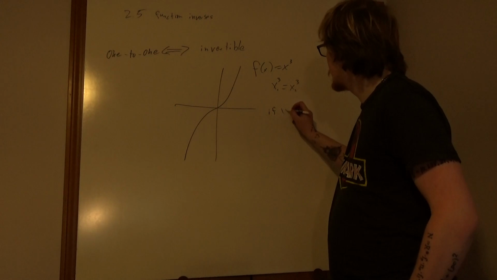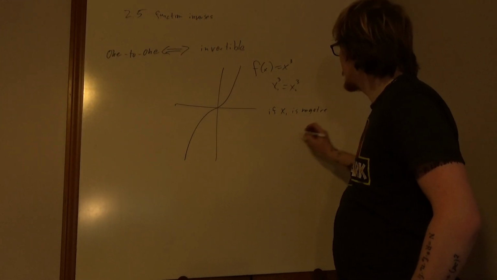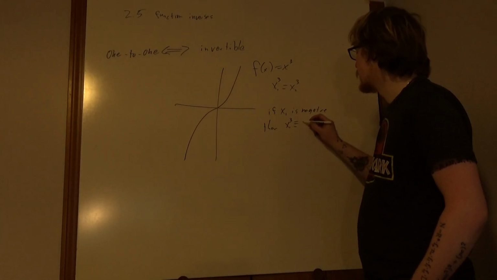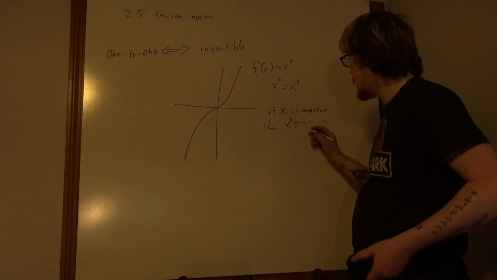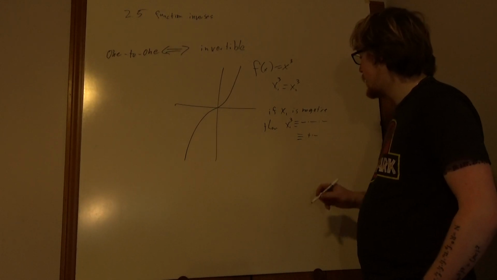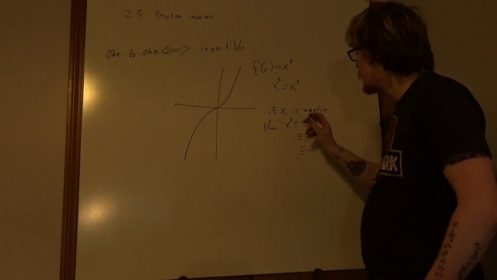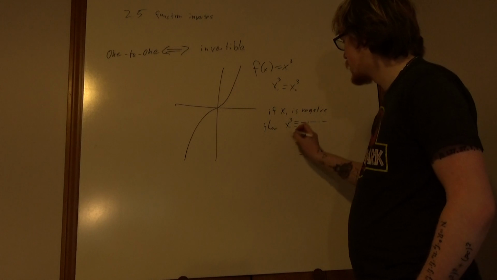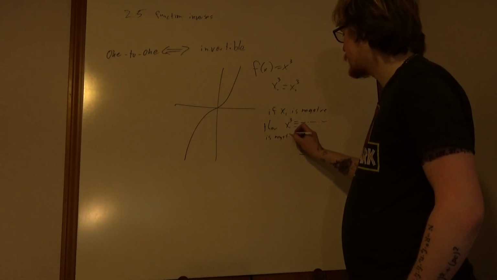However, if x1 is negative, then x1 cubed is effectively negative times negative times negative, and we know that two negatives combined give us positive, and then the third negative is going to give us negative. So if x1 is negative, then x1 cubed is negative.